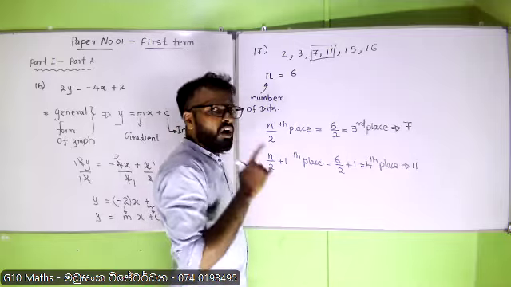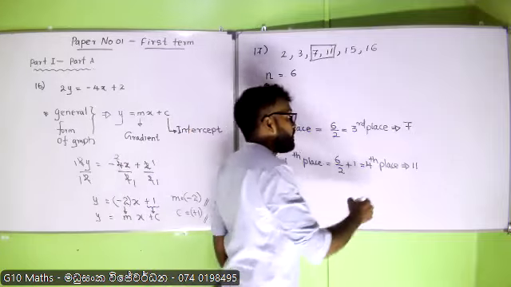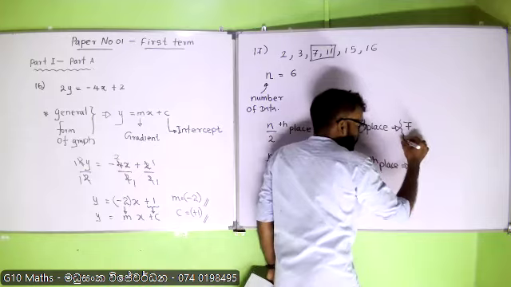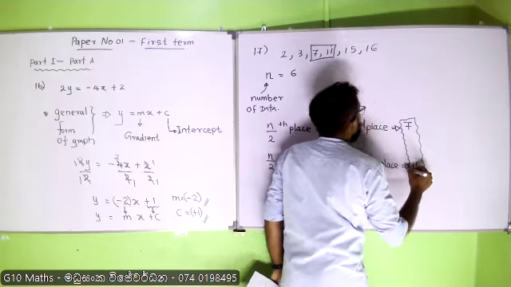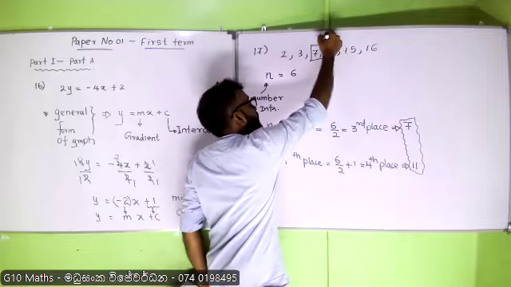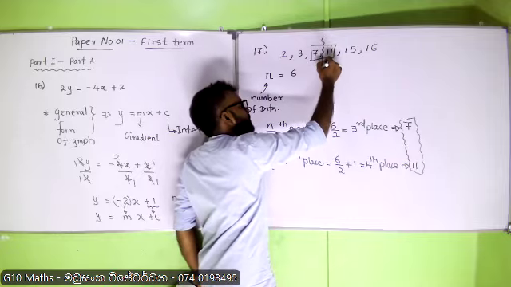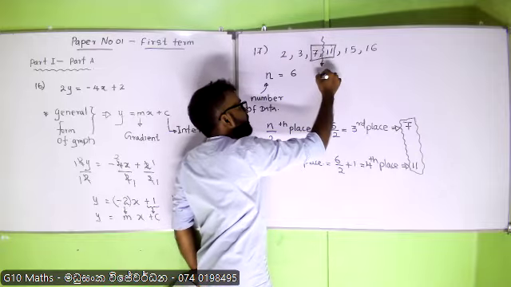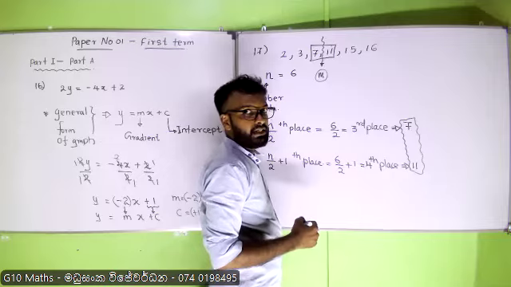7 and 11. What is the meaning of median? Exactly what you find in the middle, between 7 and 11, should be the median, the center.